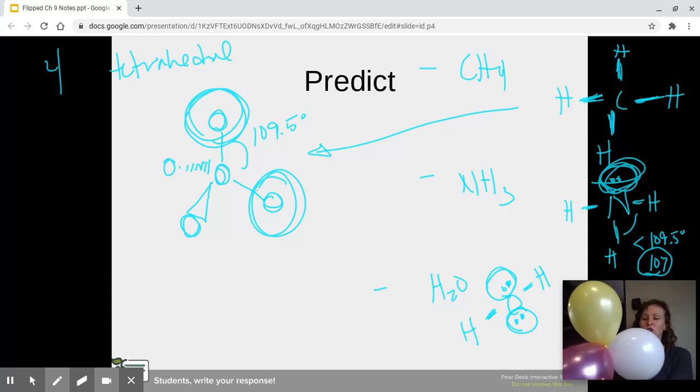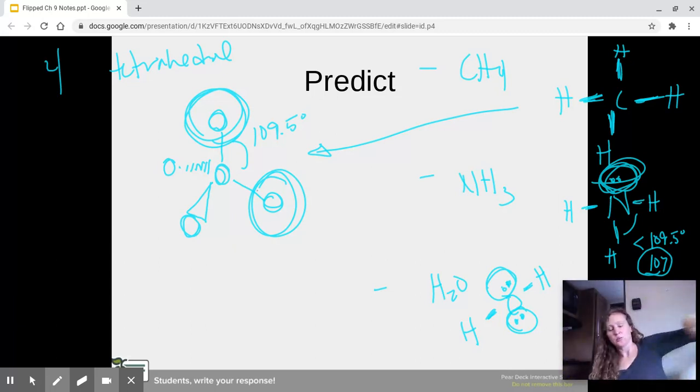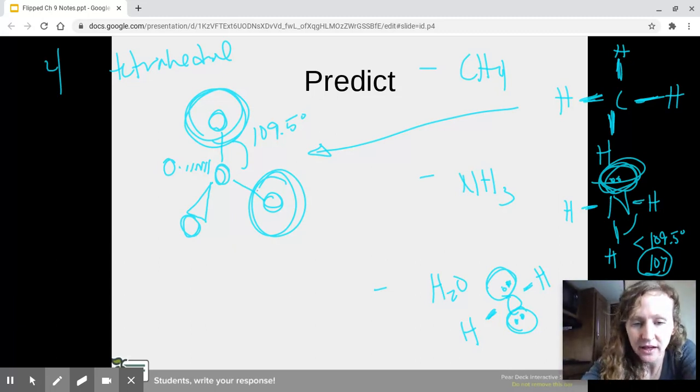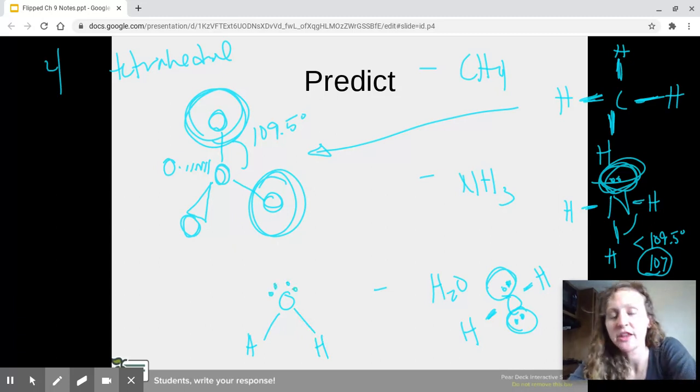And oftentimes we actually draw water, let me rotate this for you, like this. We draw water like this. We show the hydrogens in a plane with each other, and then they get squeezed.